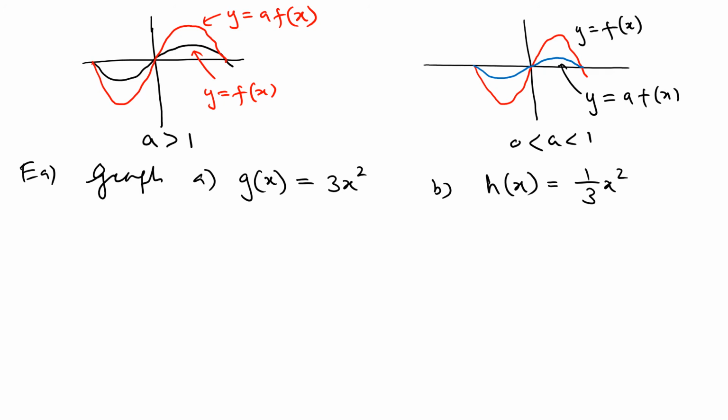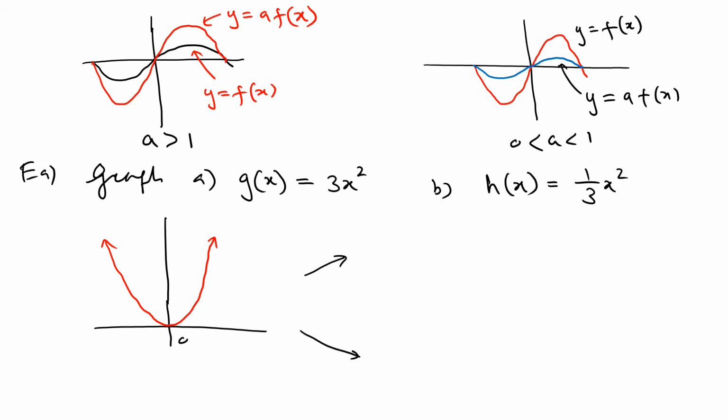The first one we can see is x squared, that we know. That's the graph of x squared, that's the parabola. So let's do the first one, a and b. For a, we can stretch by 3 units.